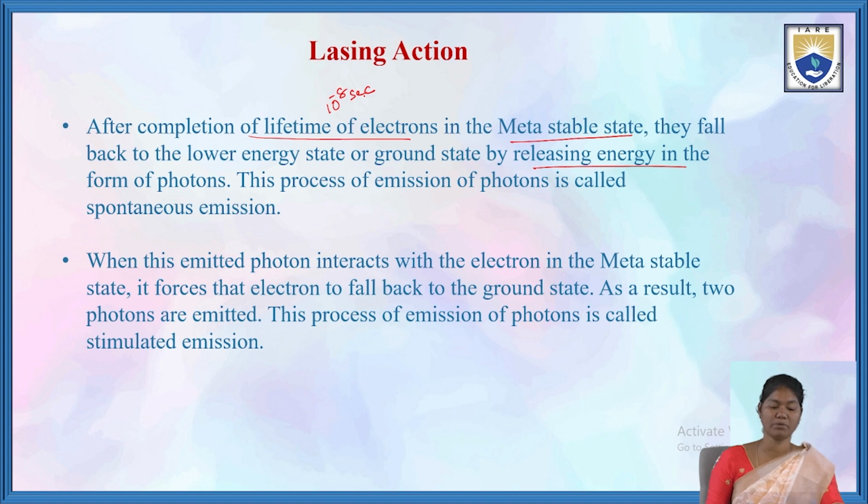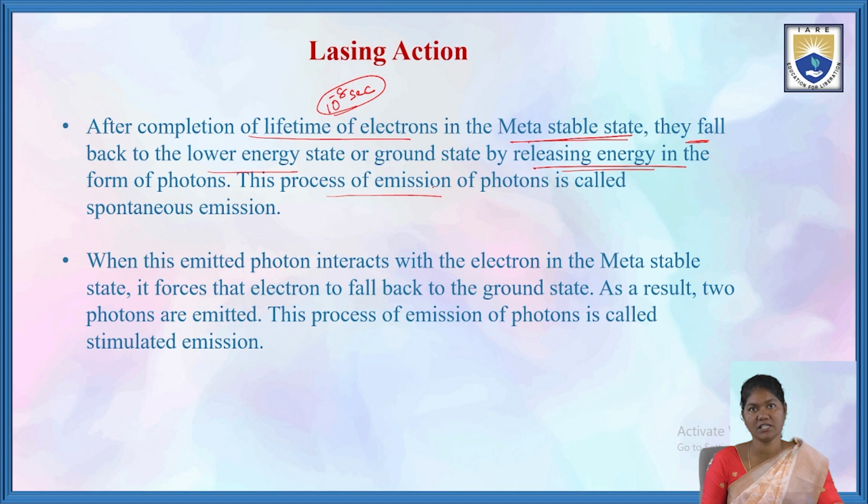After completion of 10 power minus 8 seconds, the electron in the metastable state falls back to the lower energy state or ground state by releasing energy in the form of photons. This process of emission of radiation is called spontaneous emission.